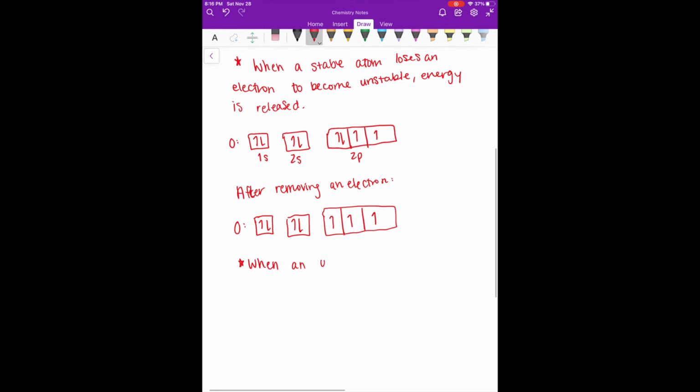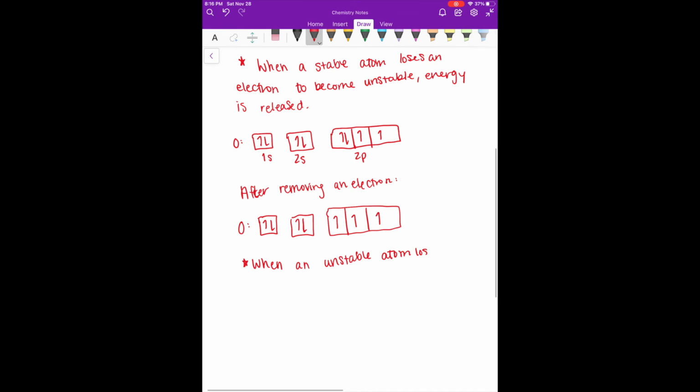After the electron is removed, we see that it has moved from a 2p4 configuration to a 2p3. So, an unstable atom has now become stable.